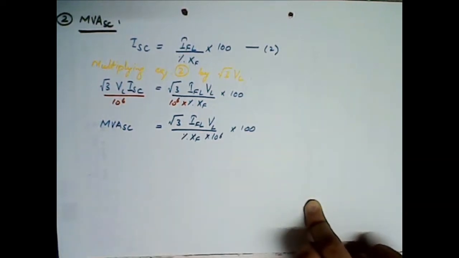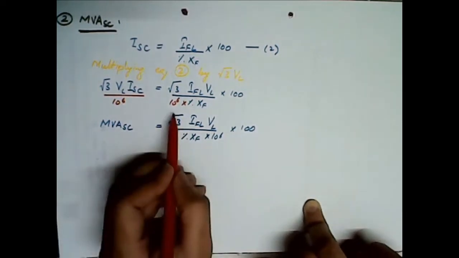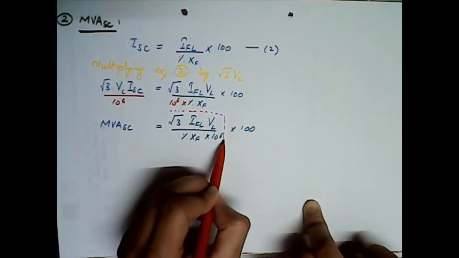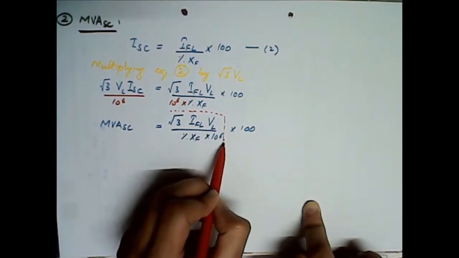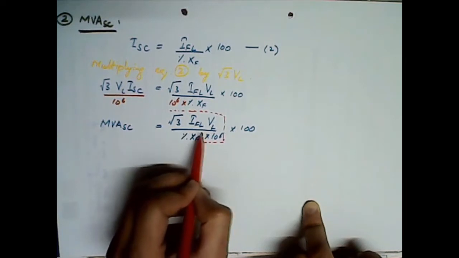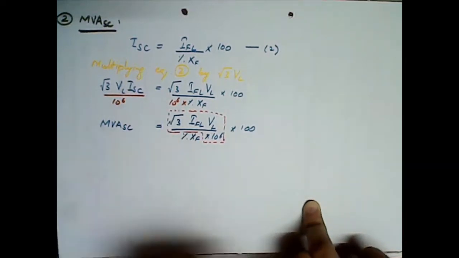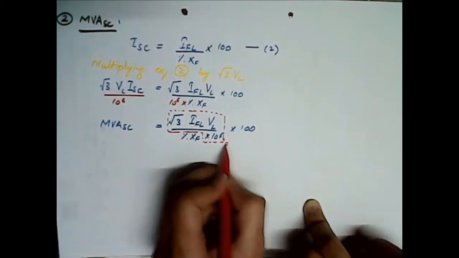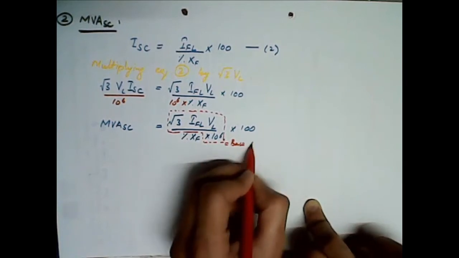Now another thing we need to check here is this term, root 3 normal voltage times short circuit full load current divided by 10 to the power 6. From the per unit analysis, we know this is equal to the base MVA.